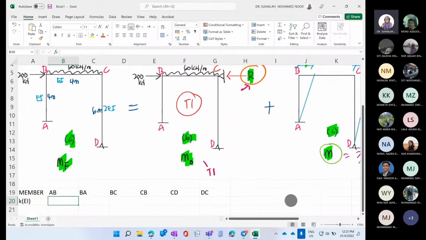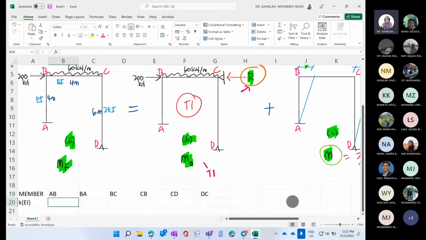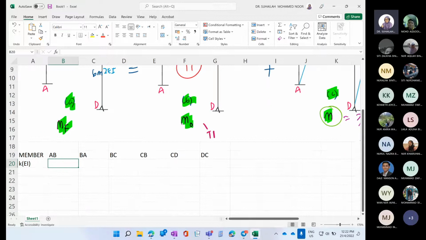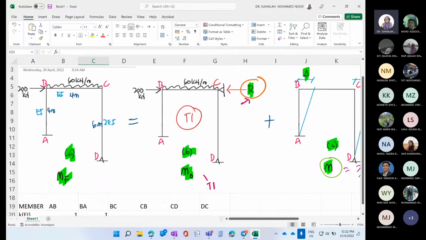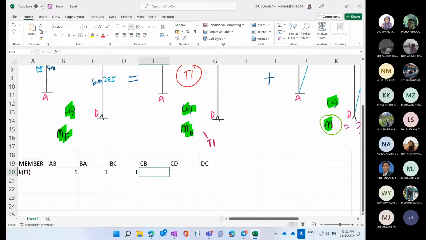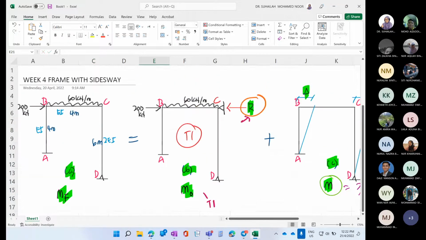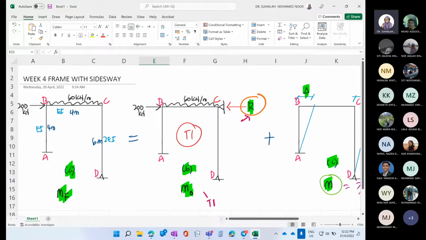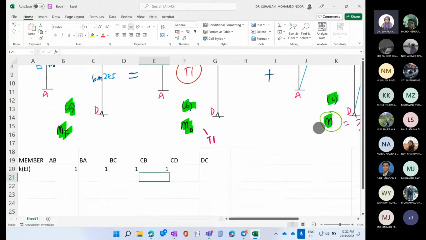So K for AB, we use 4 EI over 4, so it is equivalent to 1. And then we have another 4 EI over 4 for BC. And for CD we have 3 EI, 3 times 2 EI over 6. 6 divided by 6, so equal to 1 also. Am I right?